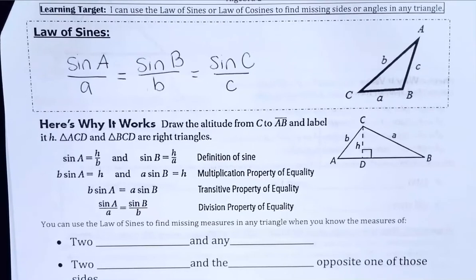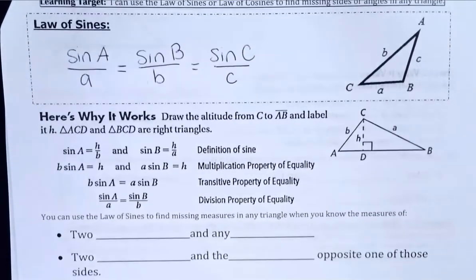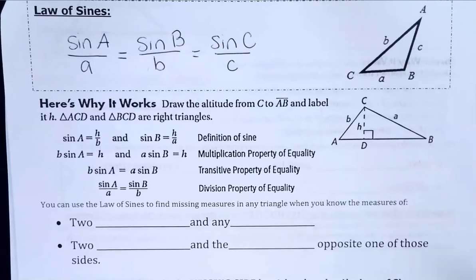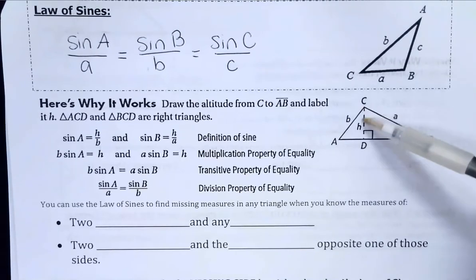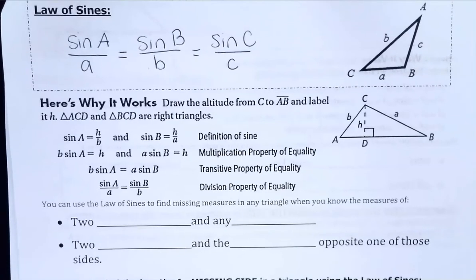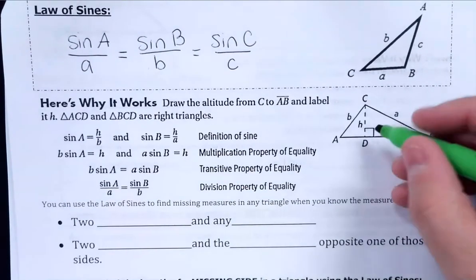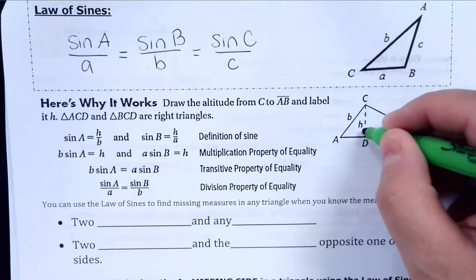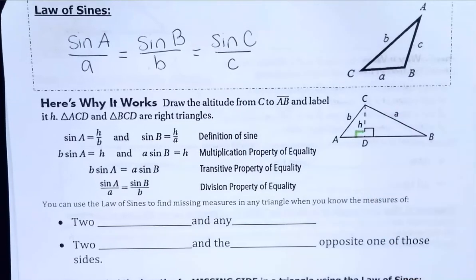Before we get into any examples, here is the proof of how they developed the law of sines. So I have a triangle here, and then I have the height dropped at a right angle. And so they're going to write two different little trig functions based on what we've been talking about the last couple of days. And remember, if I have a right angle here, that forces the angle right next to it on a straight line to also be a right angle because they have to add up to 180 to make that straight line there.